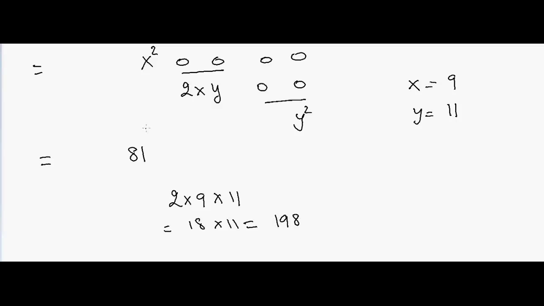So we'll have 198, and then we have y square, so 11 square is 121, so 21 and 1 here, right? So in that case the answer would be equal to 899921. So that's your answer.